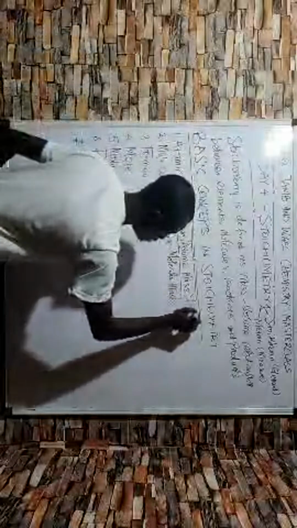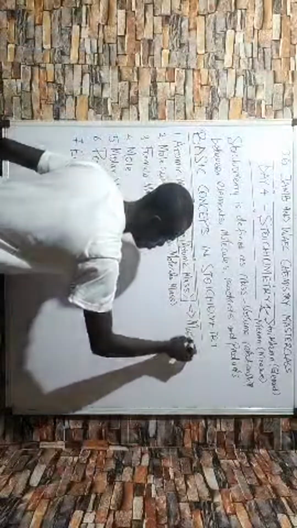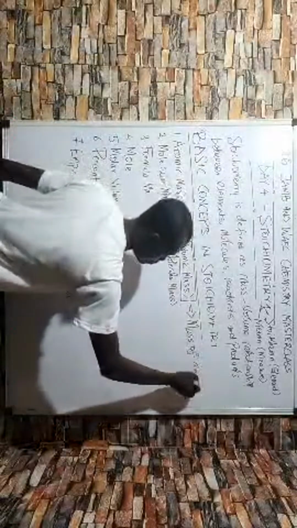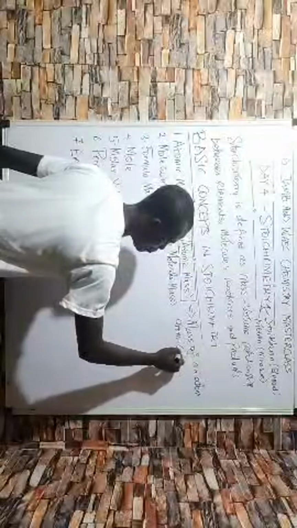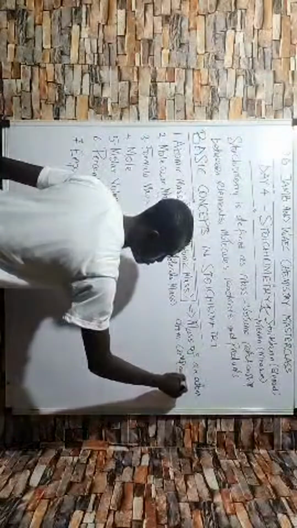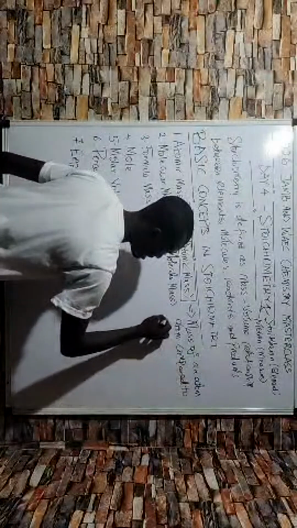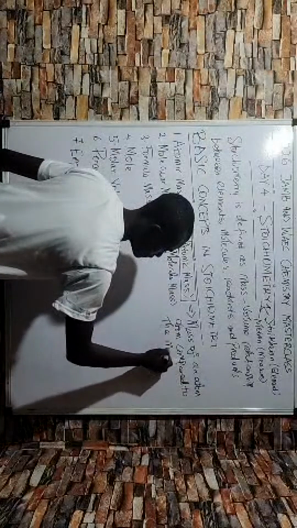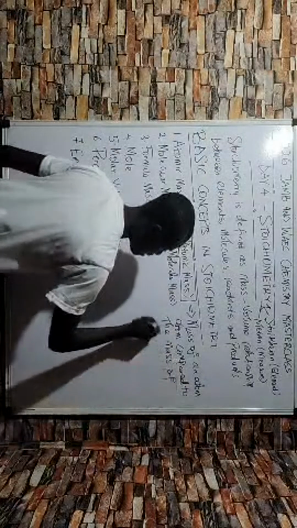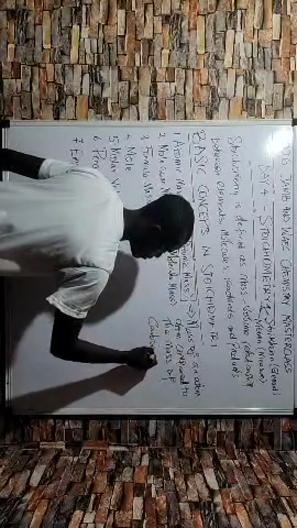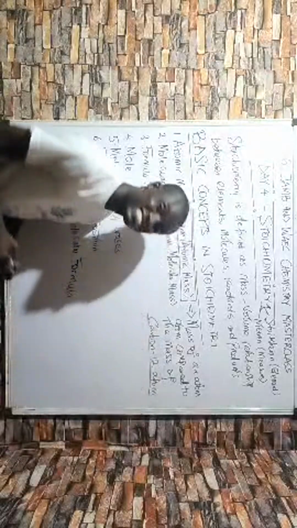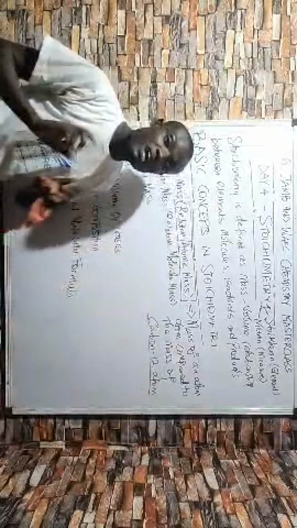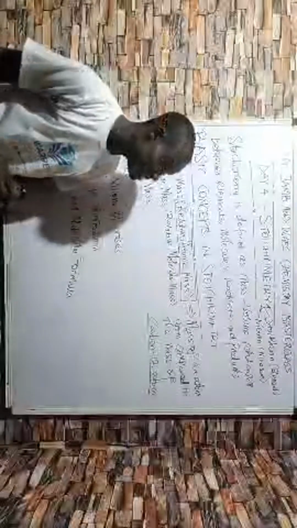So this is simply the mass of an atom compared to the mass of a carbon-12 atom. Like I told you, carbon-12 here is a standard. The mass of carbon-12 is known to be approximately 12.